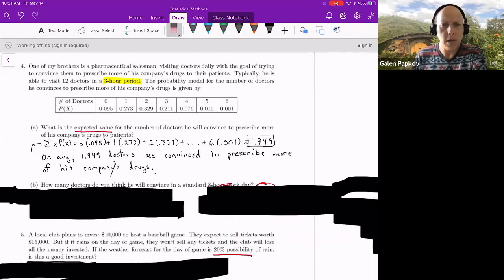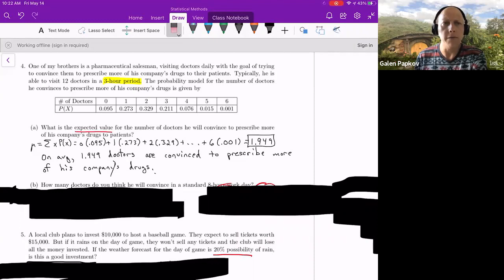How many doctors do you think you will convince in a standard 8-hour workday? What I highlighted in the paragraph above is that this probability model is for a 3-hour period. So about 1.949 doctors within a 3-hour period. And there's almost 3 three-hour periods in 8.